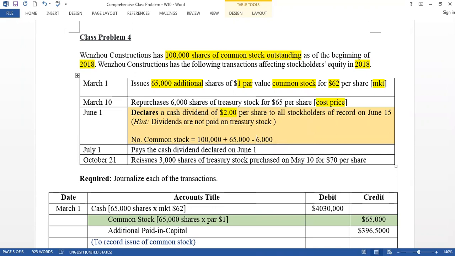So 100,000 is the previous balance, plus 65,000 minus 6,000 equals 159,000 shares. Each shareholder is going to receive a $2 dividend, so $318,000 is the dividend.